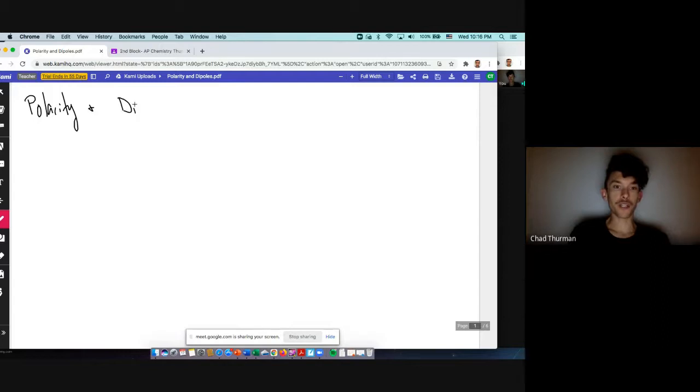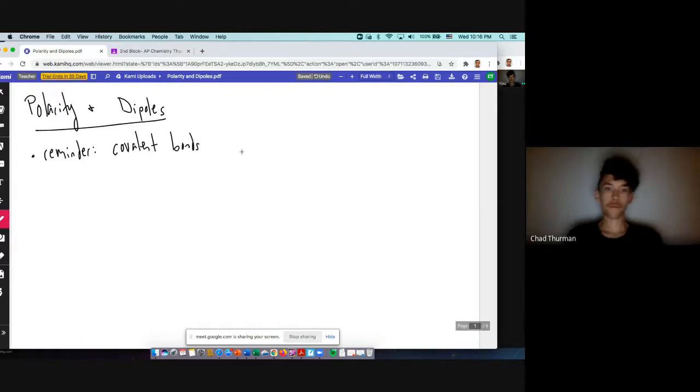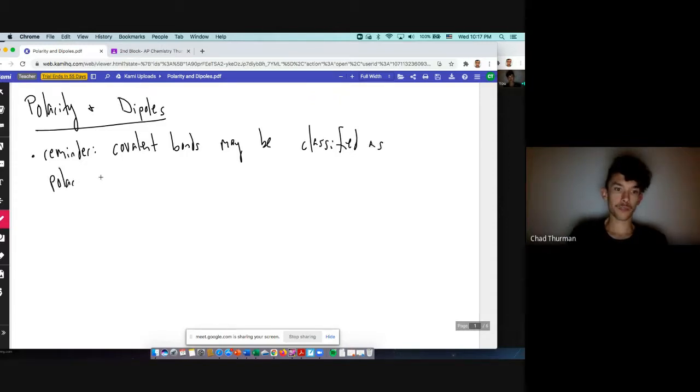And this just builds on what we have already been discussing regarding molecular geometry. So first, a reminder. Covalent bonds may be classified as polar or nonpolar based on electronegativity differences.